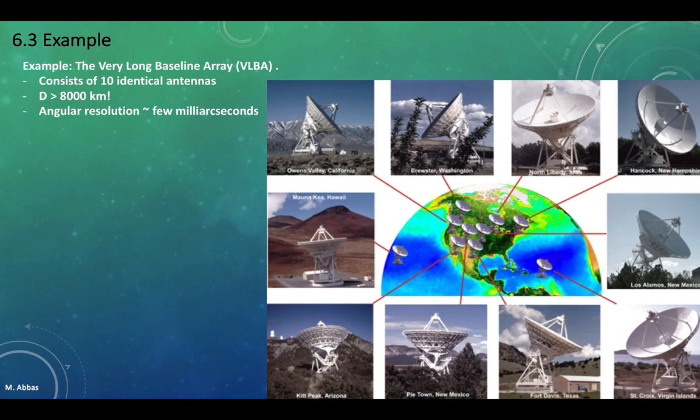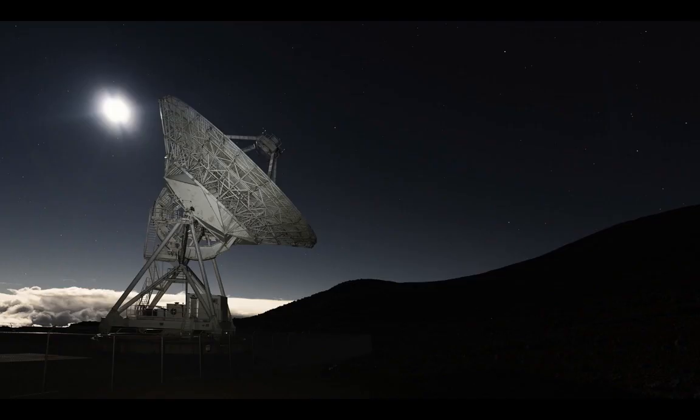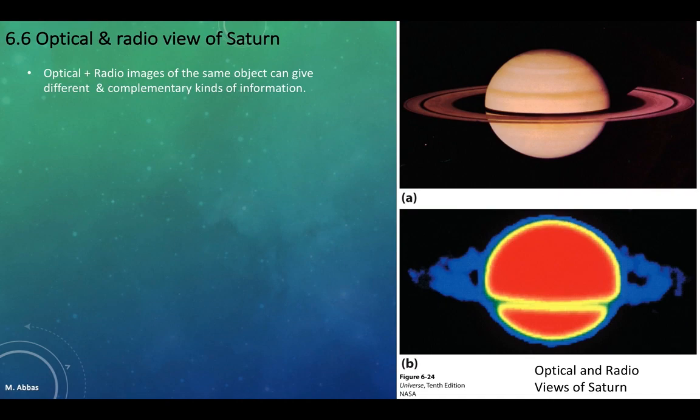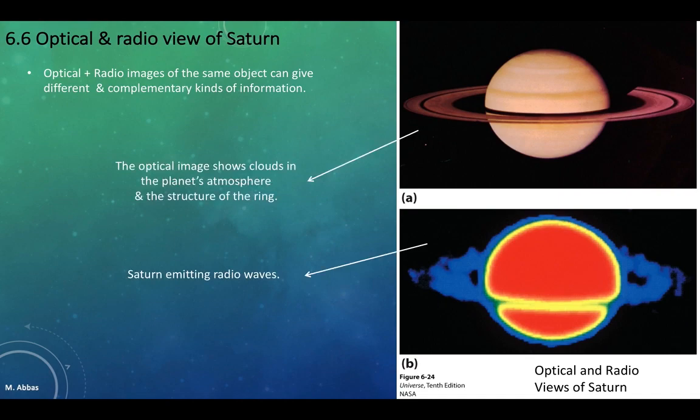So yeah, this is the idea of the telescopes. This is another telescope, very similar to what we use here on Earth as a satellite for TV and so on. This is an image taken of Saturn using an optical telescope.